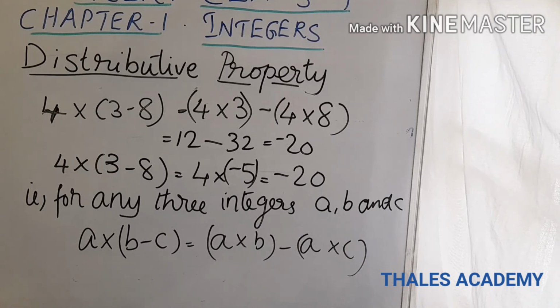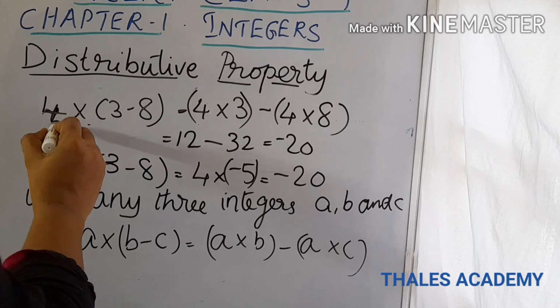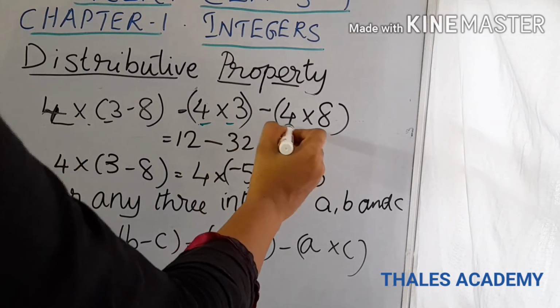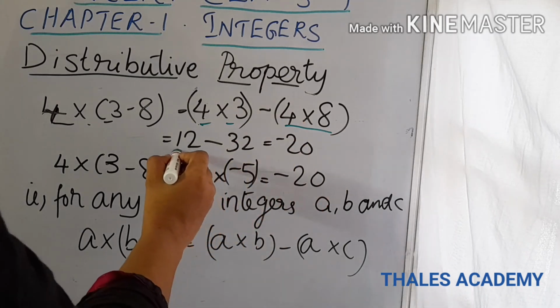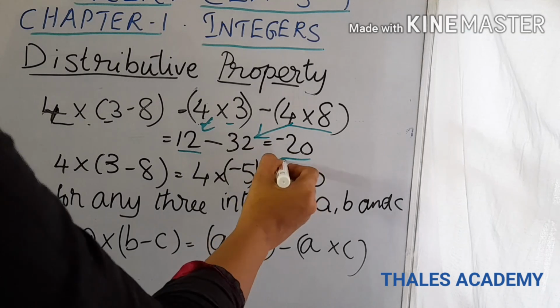Distributive property of multiplication over subtraction. Here 4 into 3 minus 8 equal to 4 into 3 minus 4 into 8. That is 12 minus 32. We get minus 20.